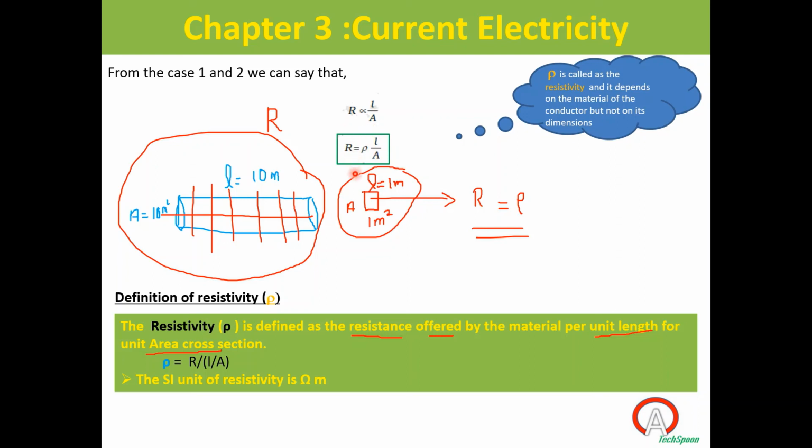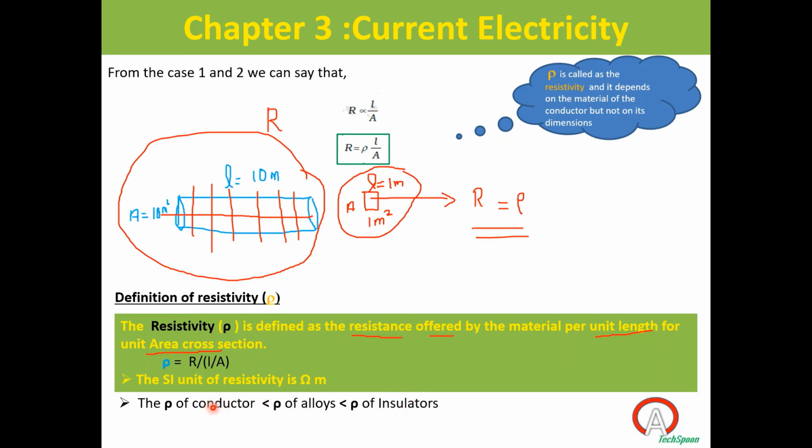Okay. Below that, write down one more point, then we can close. The resistivity rho of a conductor is less than the resistivity of alloys, which is less than the resistivity of an insulator. An insulator will not pass electrons, so it has a high amount of resistance, and that's why a high amount of resistivity also.